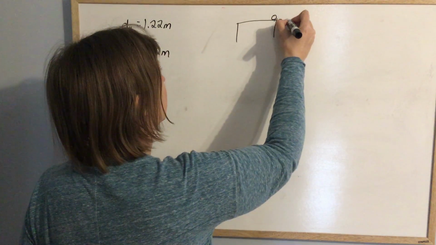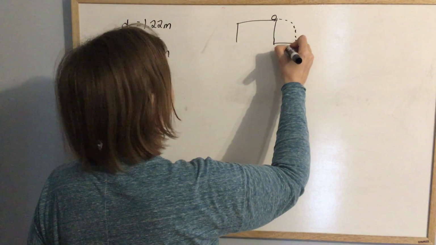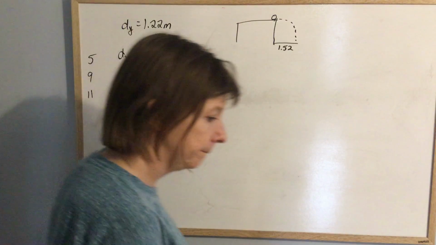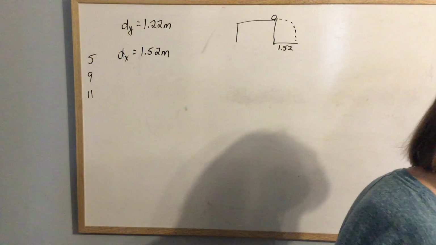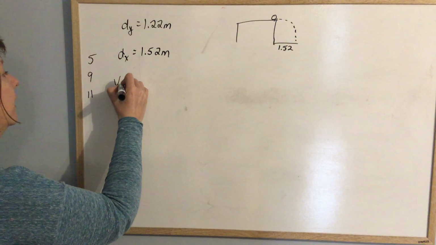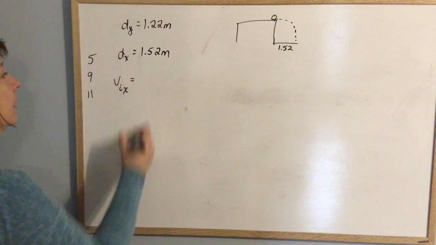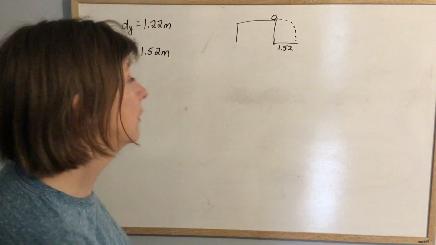The question is, what was the initial velocity? That has to be in the x direction, because vertically there wasn't any, it was 0.